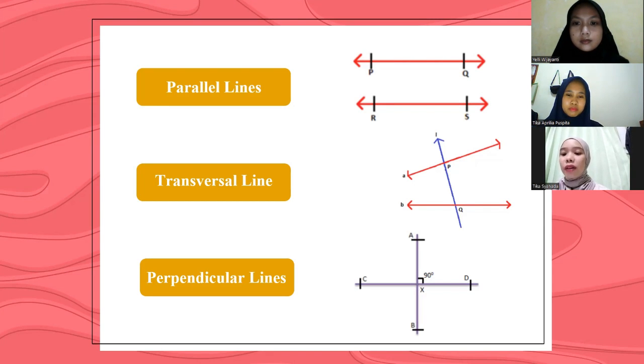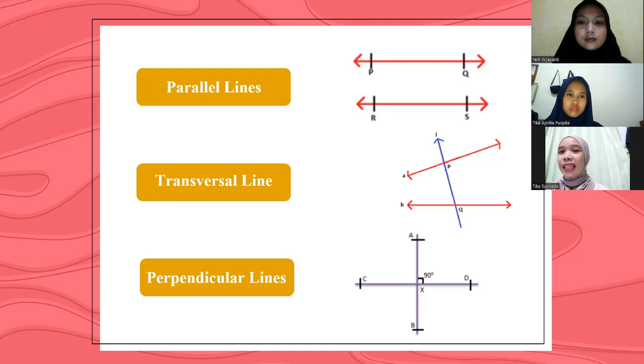Okay, and for the transversal line, you can see the figure. When a line intersects two lines at distinct points, it's called a transversal. And in the figure, as you can see, a transversal intersects two lines at points P and Q.